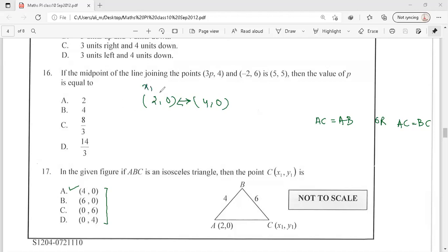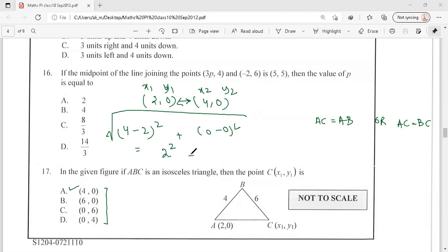So this is, let's say, x1, this is y1, this is x2 and y2. So let's apply the distance formula. 4 minus 2 whole square plus 0 minus 0 whole square. So 4 minus 2 is 2, 2 square plus 0 square.